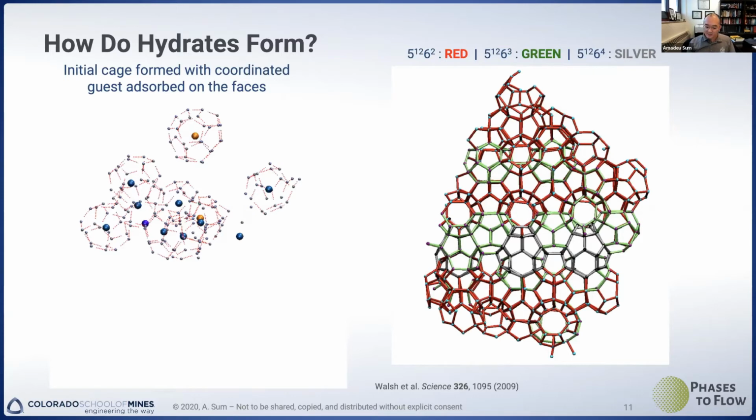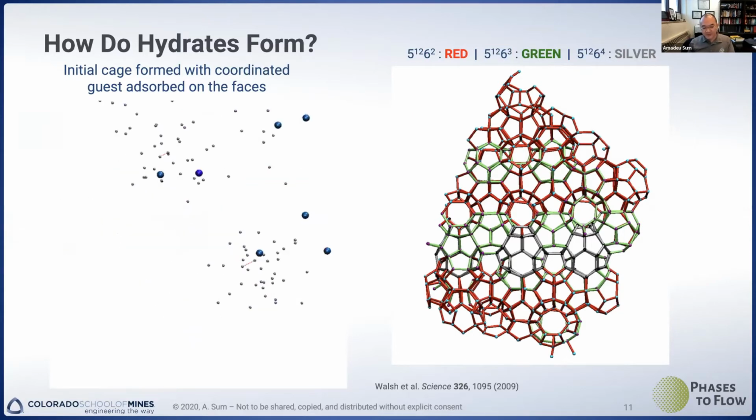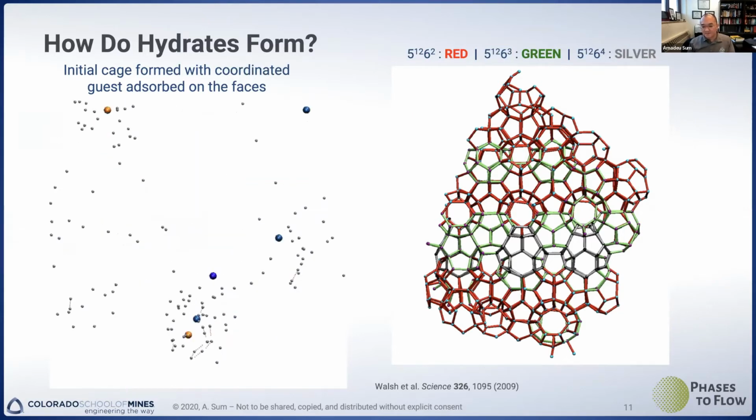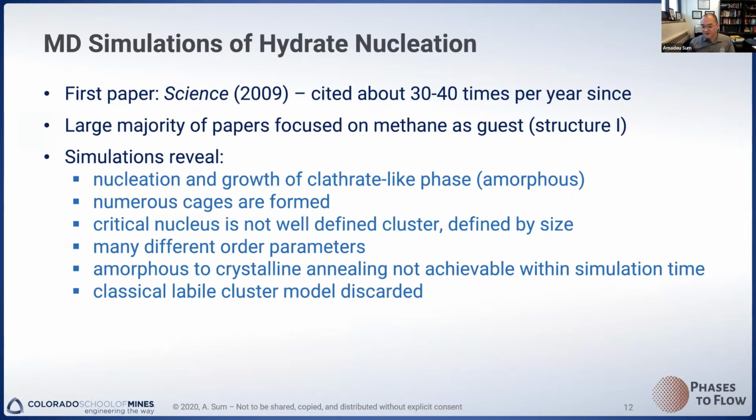So since this paper that we had published, again, over 10 years ago, there has been a significant interest in using simulations in order to further probe the molecular interactions and the mechanisms of hydrate nucleation and growth. Just roughly, there are about 30, 40 citations of this paper per year since.